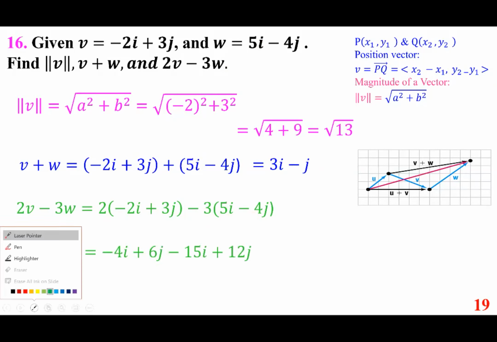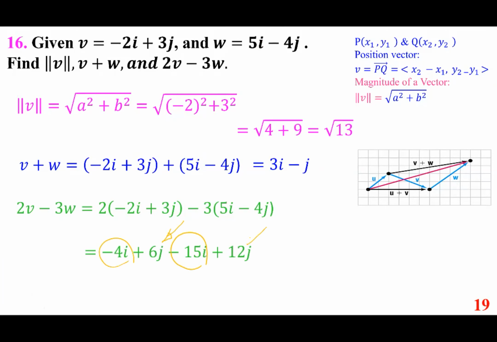And obviously, these two add up to negative 19i. These two add up to positive 18j. So adding, subtracting, finding the magnitude, things of that nature shouldn't be too hard.